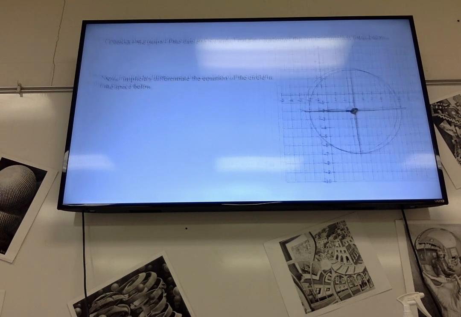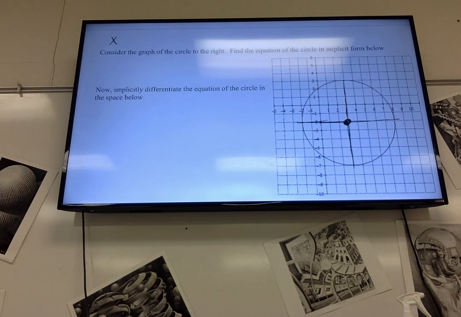3, negative 2. Now, in case you forgot, the formula is x minus h squared plus y minus k squared equals r squared, where h and k is the center and r is, of course, the radius. So it's 3, negative 2, we said?